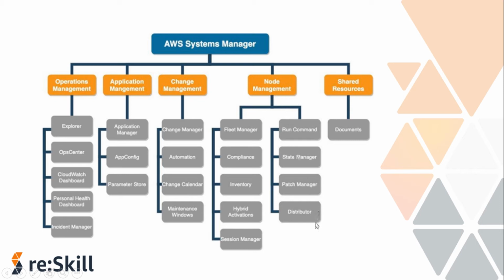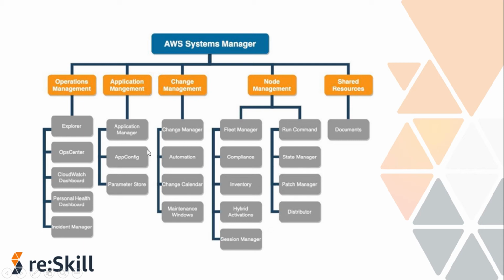We have already learned in the previous two slides about what a node and resource groups are. So make sure that you are clear with this before going forward, because this is what I'll be speaking about multiple times. Inventory and patch management is what we are going to discuss in depth today.